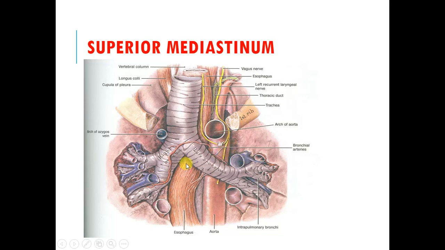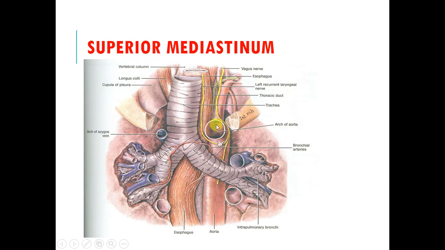So what structures will we see in the superior mediastinum shown here? We are seeing the arch of aorta. We are seeing the azygos vein. We are seeing the trachea bifurcating into left and right bronchus, and we are seeing posteriorly the esophagus.